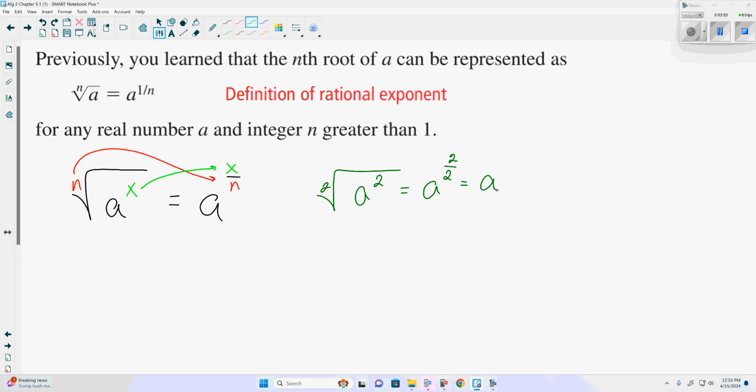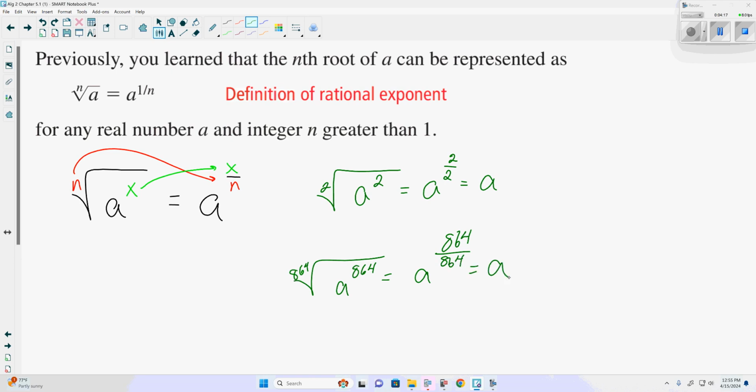That is why when the index, our root that we're taking, and the exponent are the same, they cancel each other out. Because it doesn't matter what it is. Because we could say the 864th root of a to the 864, well, that's still just a, 864 over 864, which is just a.